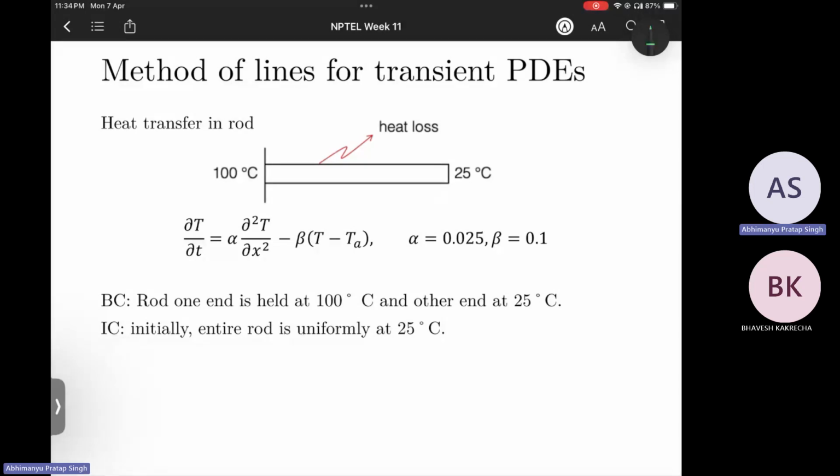The ambient temperature is TA, so we have some loss due to convection to the surroundings, which is captured by this term. Then this is the heat flow across the rod, and this is the rate of change of temperature with respect to time.